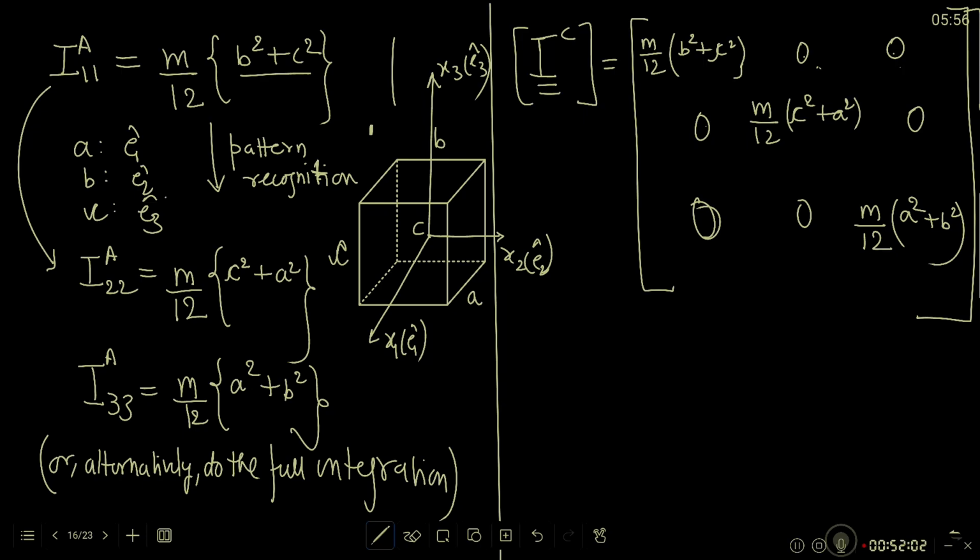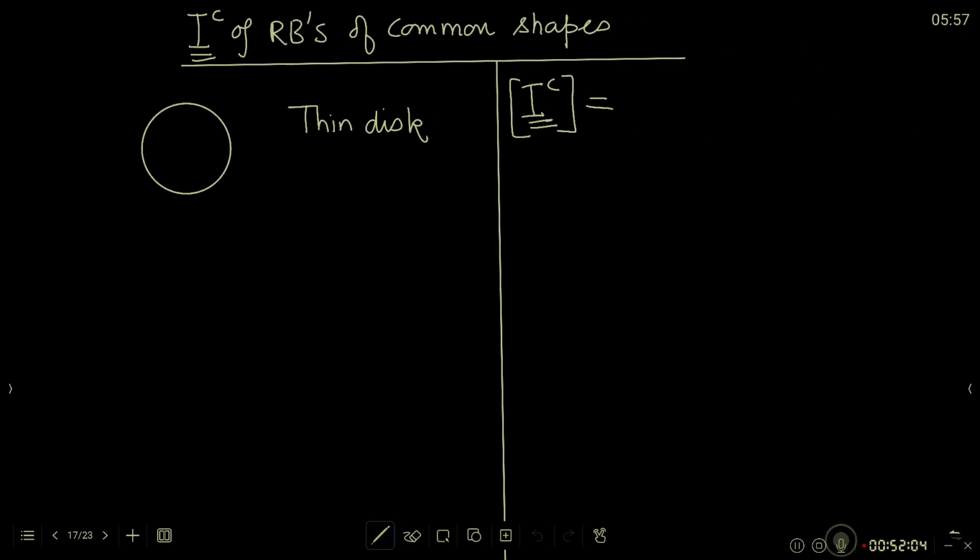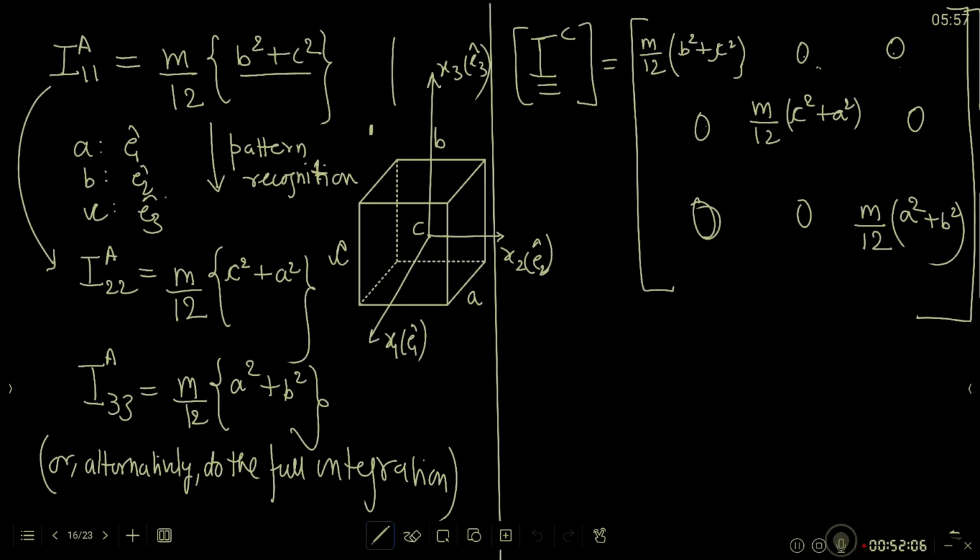Now suppose you have a thin plate. We use this kind of phrase, thin plate. So a thin plate is also a cuboid, but it has one of its edges very small compared to the other two edges.